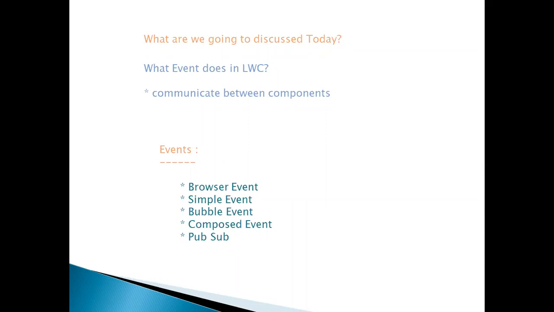There are browser events, simple events, bubble events, composed events, and publish and subscription events. Today we are not going to see all events, but a few events we are going to see with some examples.